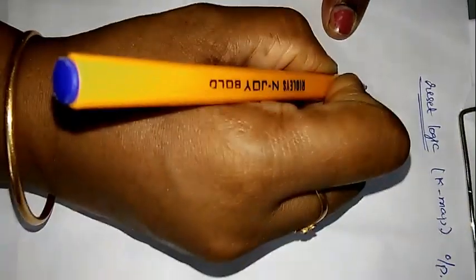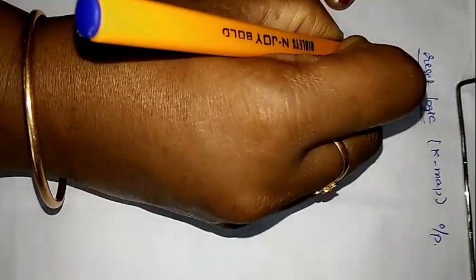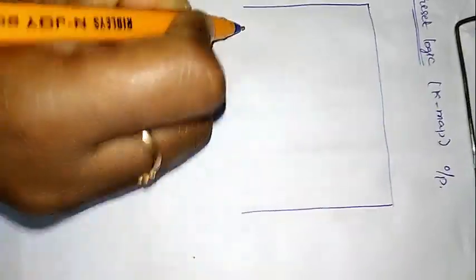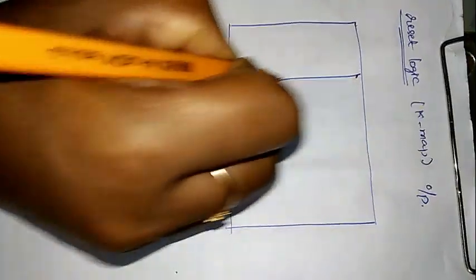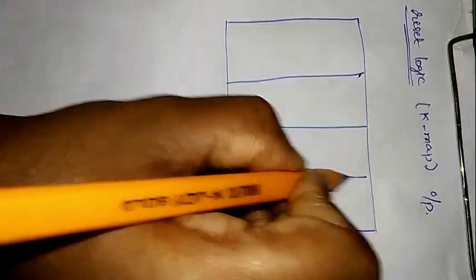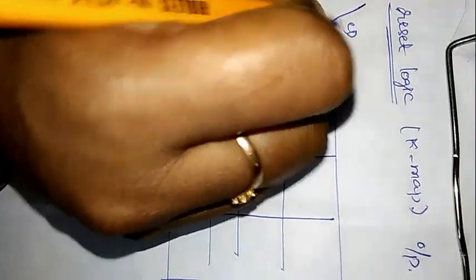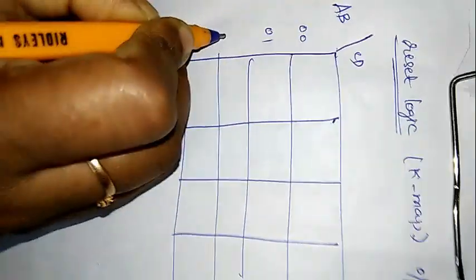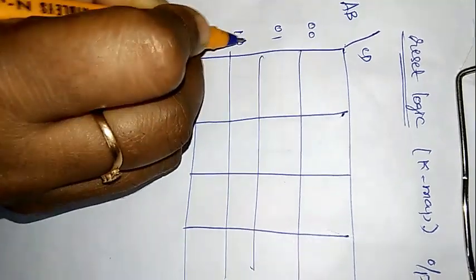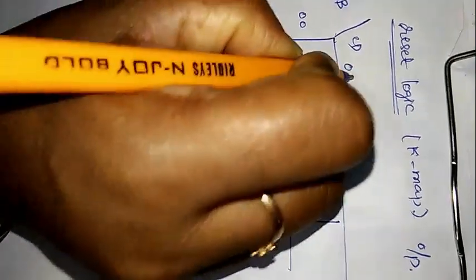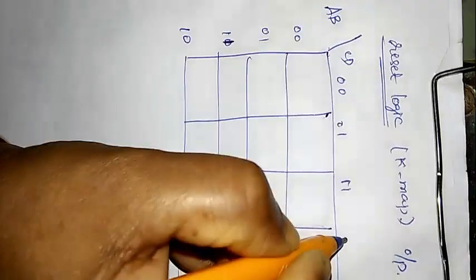Okay, so since it's a 4 variable combination, you will have to draw a 16 cell K-map. So the 16 cell K-map is something like this. So you have A, B, C, D, the inputs. You have 0 0, 0 1, 1 1, 1 0 along each axis.